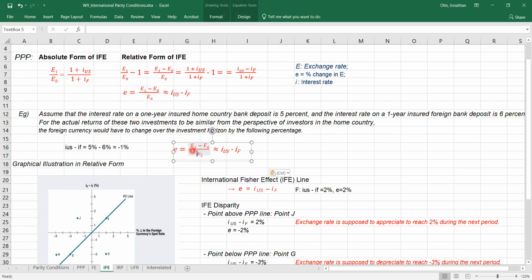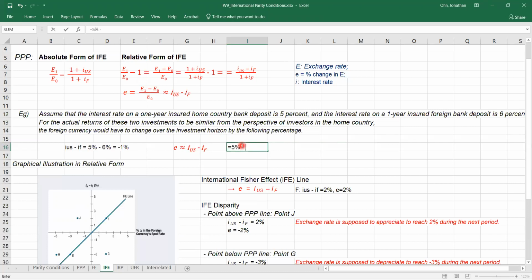E is the percentage change in exchange rate, and it should be approximately equal to the relative interest rate. So the U.S. interest rate is 5%, and the foreign one is 6%. You see that?